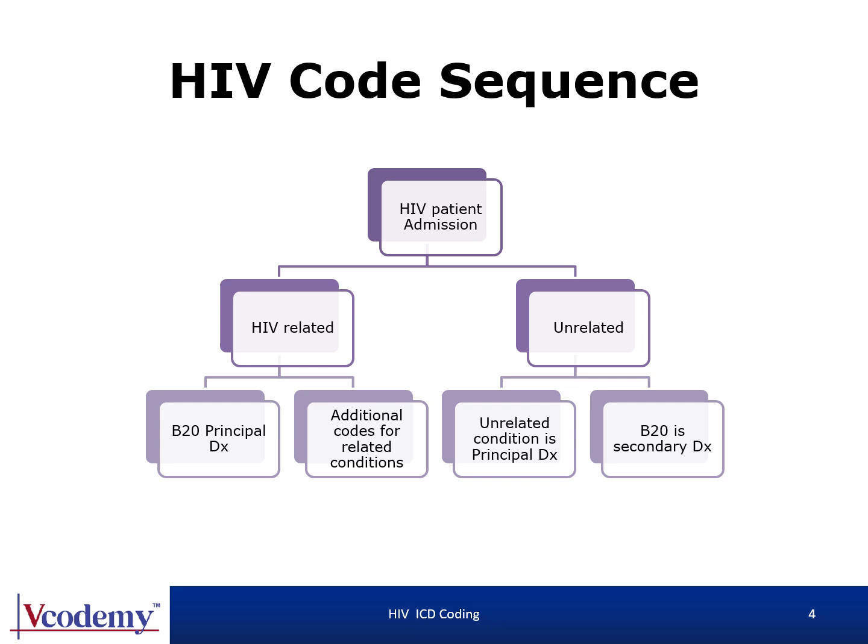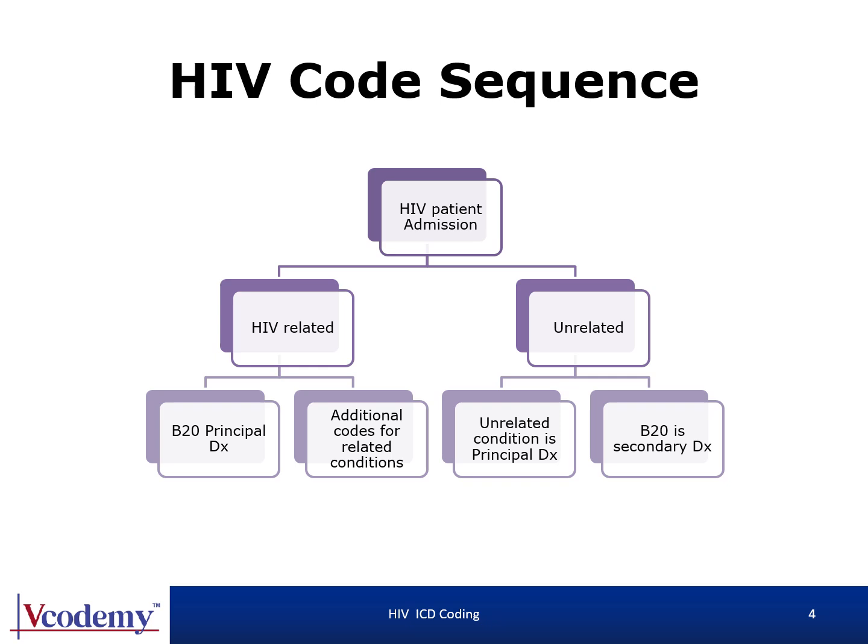The secondary code, additional code, will be the related condition. Due to the HIV virus, he has some other condition like pneumonia or Kaposi sarcoma or weight loss or any other opportunistic infections. Any chronic conditions like diabetes may also be aggravated due to HIV. So all that can be the secondary codes.